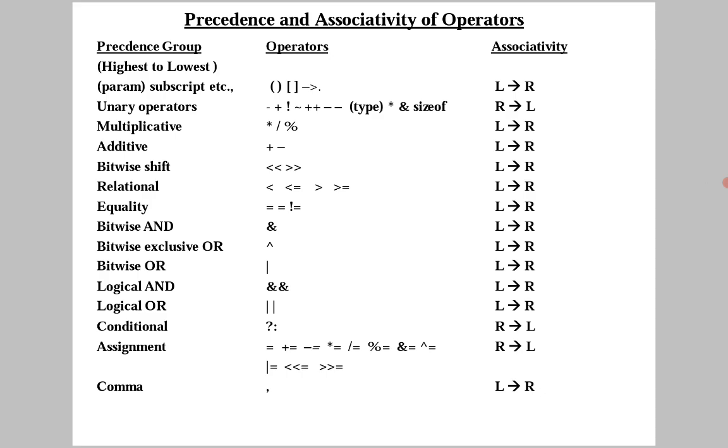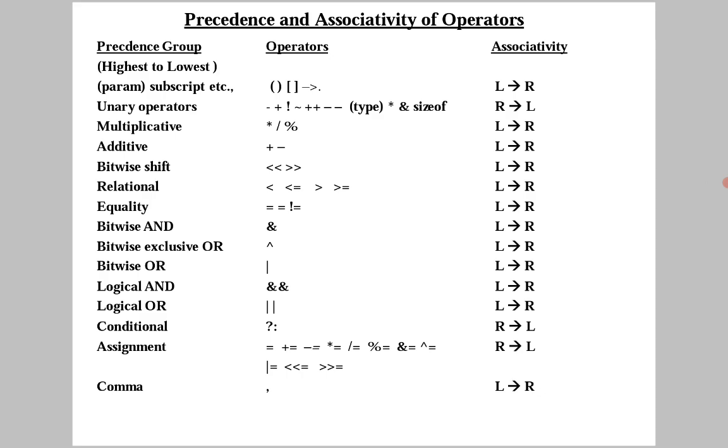So next come logical operators. Next preference is given to logical operators like and, or, not. What are and, or, not? They are called logical operators. Then it comes to bitwise operators. What are bitwise operators? Bitwise and, bitwise or, bitwise XOR, like that.